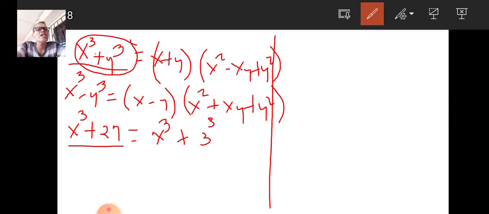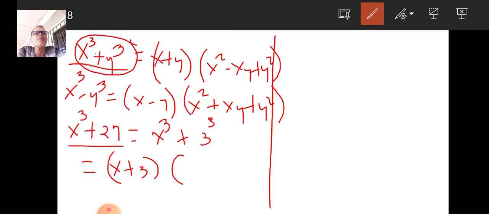Now, in factoring it out, just copy the base and disregard the exponent. So what is the base? You have x plus 3. Disregard the exponent, meaning you don't have to copy the exponent. Now, the second factor must come from the first factor. Square the x, or multiply x times x, the first term, and you will have x squared.